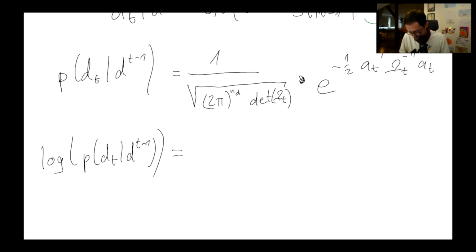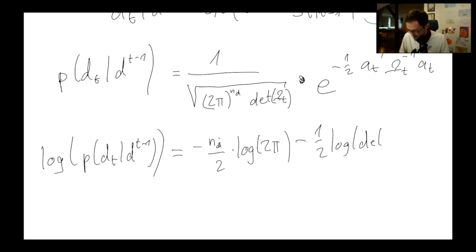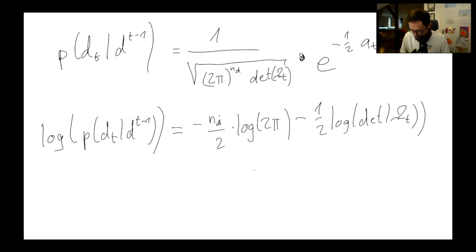And this is the very famous formula that you see: minus number of observations over 2 times the log of 2 pi, minus 1/2 the log determinant of omega_t, minus 1/2 a_t prime omega_t inverse a_t. So let me reiterate, the Kalman filter delivers everything that we need to compute the likelihood as a byproduct.